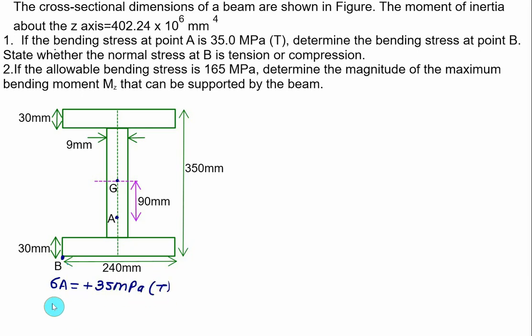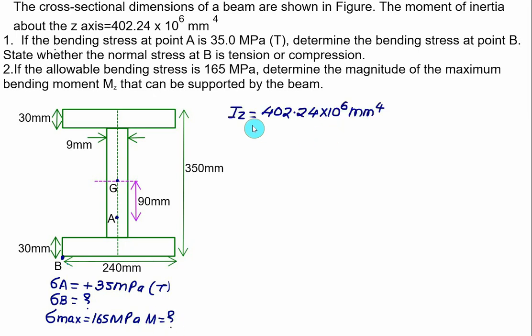Stress at B we have to find out, and the maximum value of stress, sigma max, is given as 165 megapascal, and we have to calculate the value of M. The value of Iz is also given, that is 402.24 times 10 to the power 6. So first you have to calculate the stress at B, and second you have to calculate the value of M.